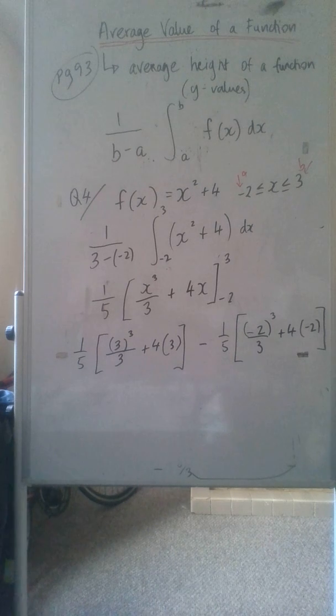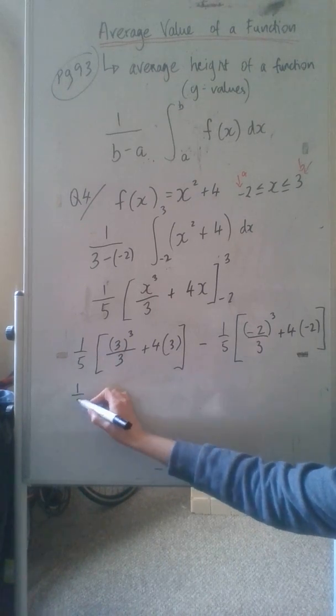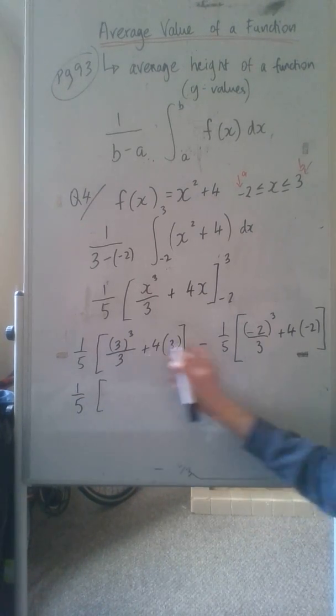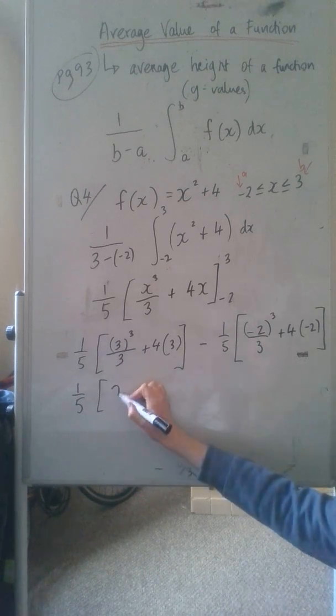Okay, calculator time. So if we now work these out, I'll leave the 1/5 in front, but let's put this all into the calculator. We'll get 3 cubed divided by 3 is 9. 9 plus your 12 is 21.